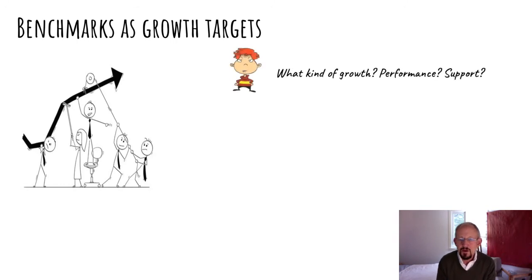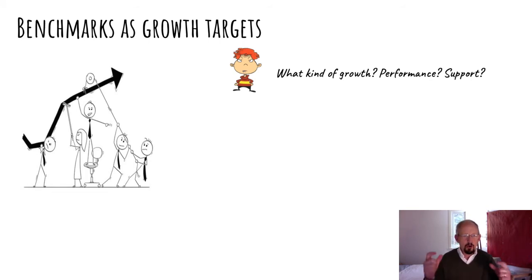So one question is, what kind of growth are we looking for? Is it simply a performance measure about some kind of academic or social emotional skill? Or is it doing something with less support, where the child is trying to achieve greater independence? Or is it both?